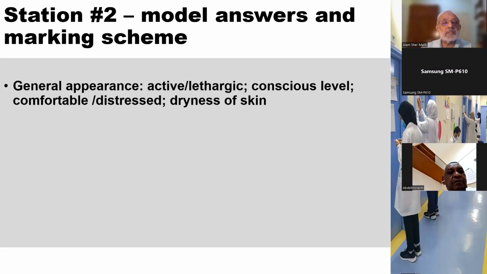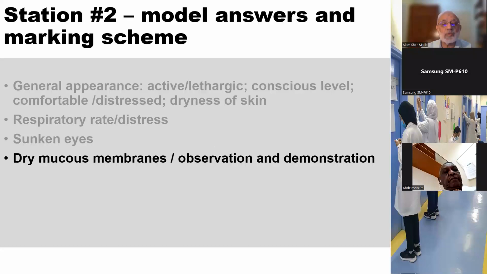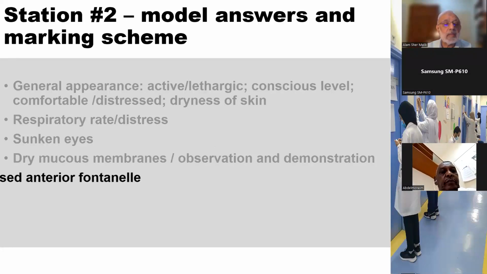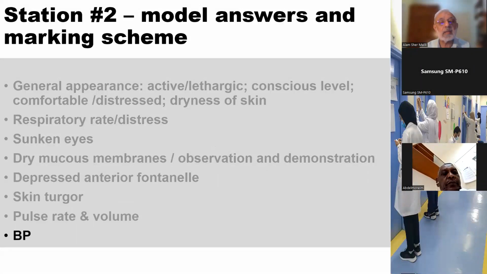Here, in the model answers, we would expect the student would comment on the general appearance, active or lethargic, conscious level, respiratory rate or distress, sunken eyes, dry mucous membrane, and the depressed anterior fontanelle, skin turgor, pulse rate and volume, and the blood pressure.